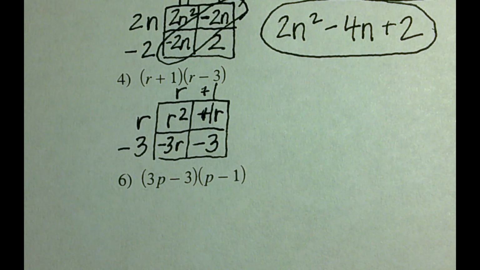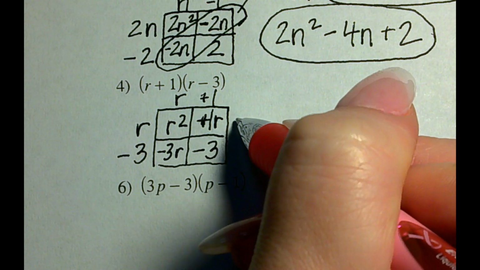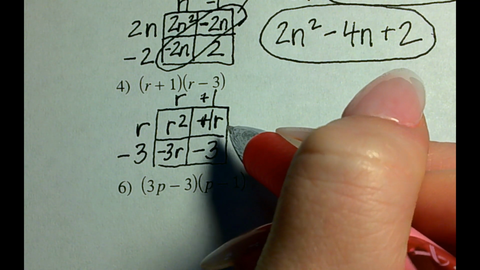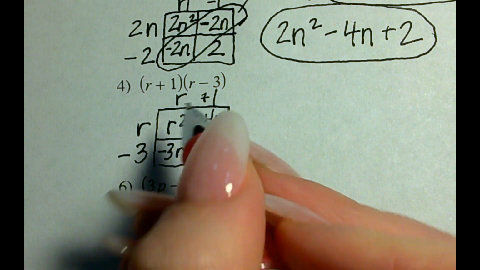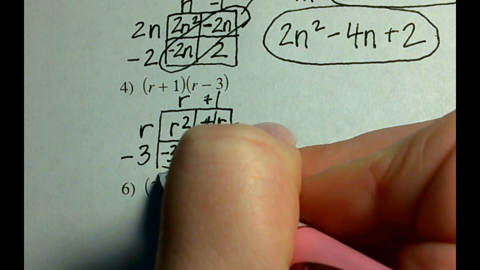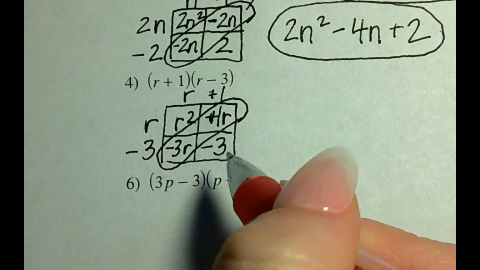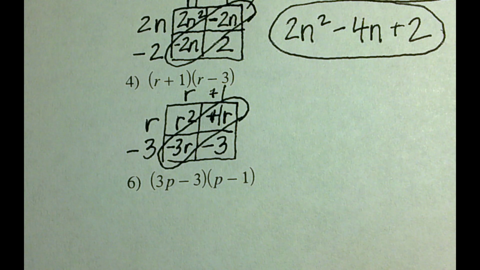Okay. What are my like terms? None of the 3R, the 2R's, the -3R and the 1. We have a diagonal here of some terms that both have R. So I have -3R plus 1R.